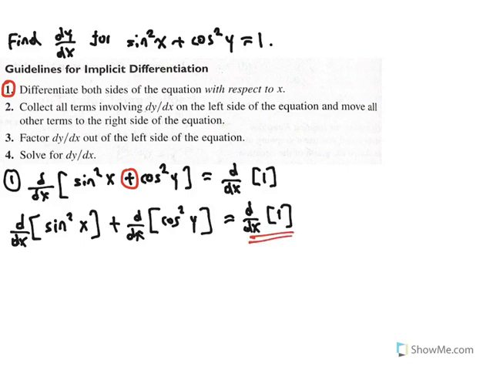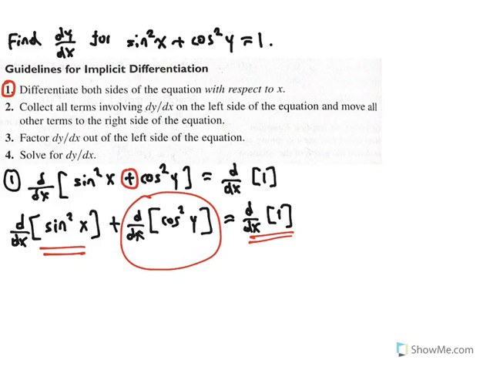The derivative of a constant is 0. And for this term here, you have to understand that sine squared x is a composition of 2 functions, where the outside function is the power function raising to the second power, and the inside function is sine. So you will be using the chain rule. And here, you have a composition of 3 functions.